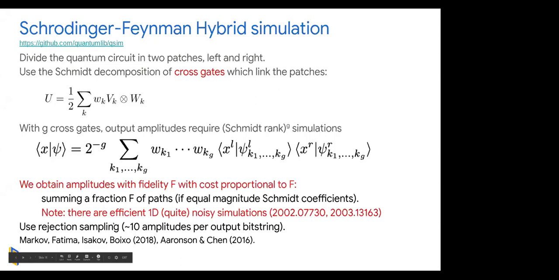Then you can actually do efficient simulations in 1D, but not in 2D. So for now, the cost for 2D is still proportional to the fidelity. In 1D, if your fidelity per Control-C gate is less than 99%, you can do this efficiently. If it's higher than 99%, the matrix product state method doesn't work anymore, so the cost is still exponential in the number of qubits and proportional to the fidelity.